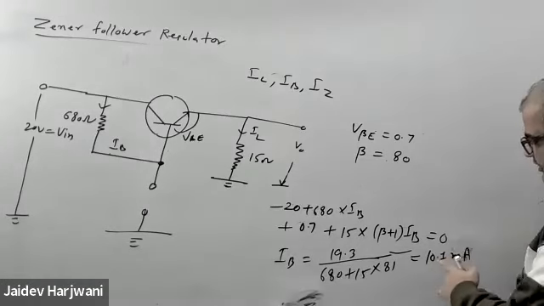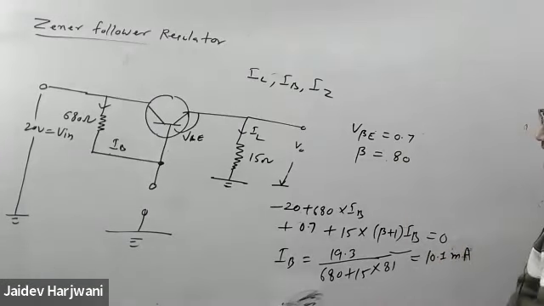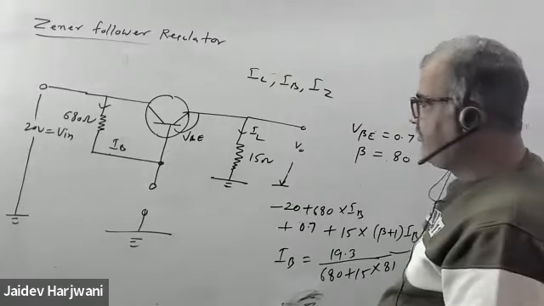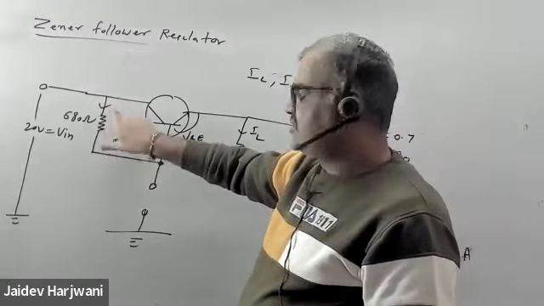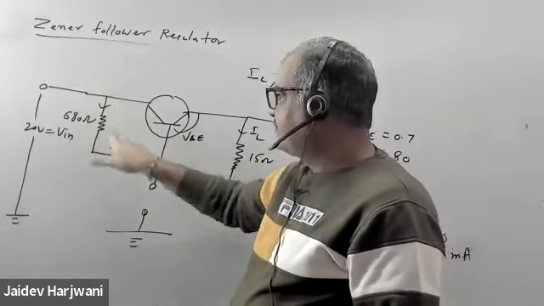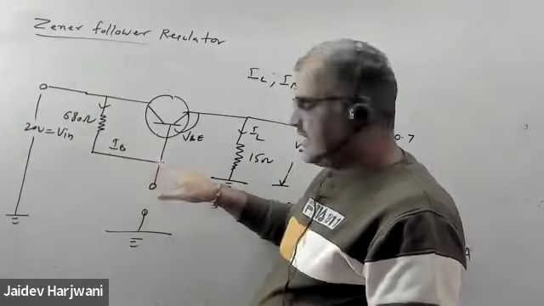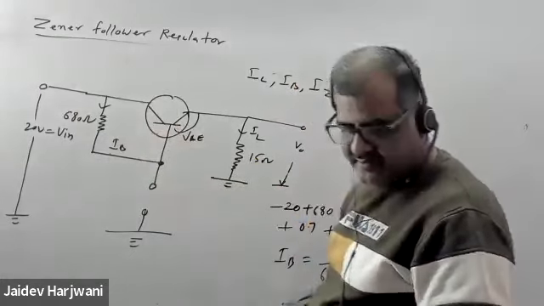Okay. So 10 into 680, this is almost 0.5 kilo ohm, so obviously the voltage drop here will be around 5 volts. So here the voltage will be 20 minus 5, greater than 10 volts. Just check how much voltage drop is coming.